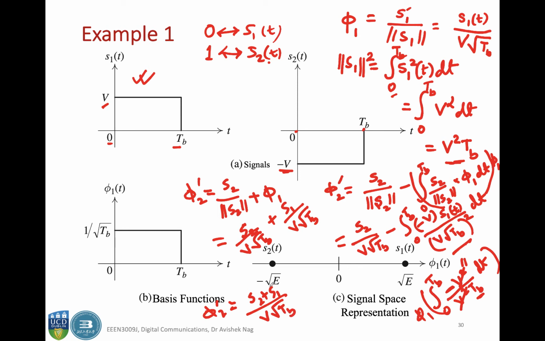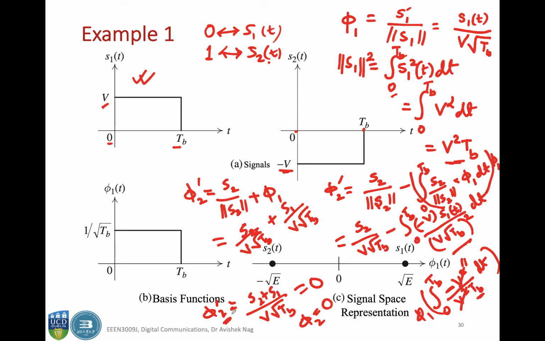What is S2 plus S1? Your S1 is plus V between 0 to TB and your S2 is minus V between 0 to TB. So if you do S2 plus S1, this will be 0.